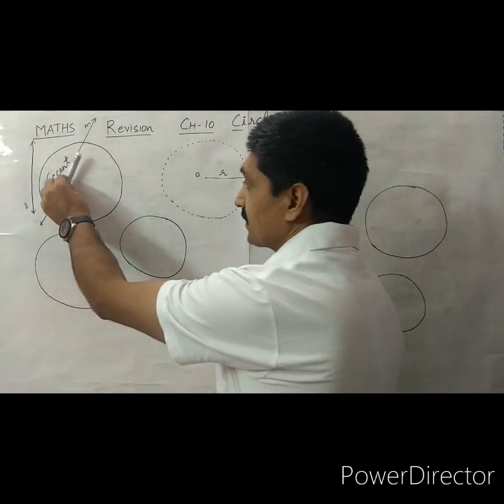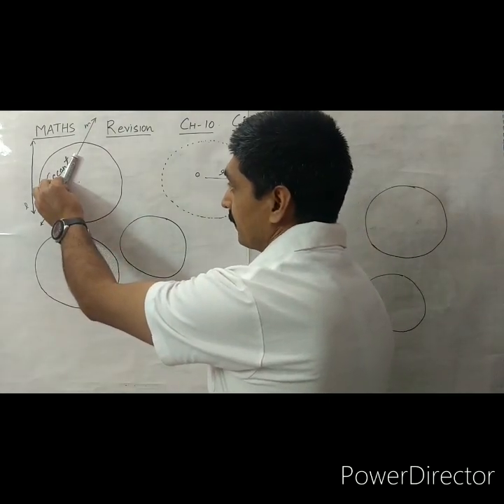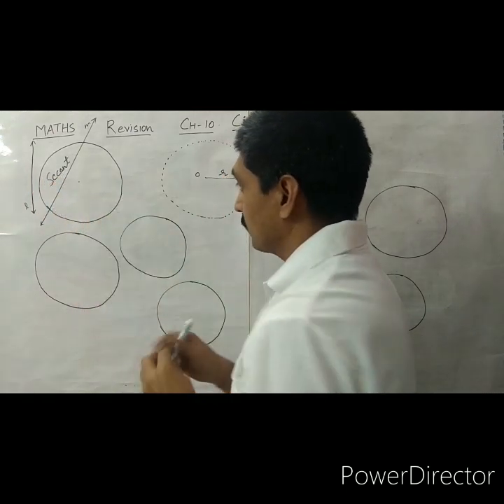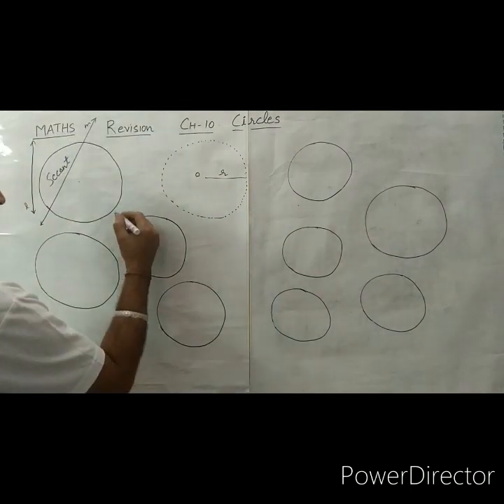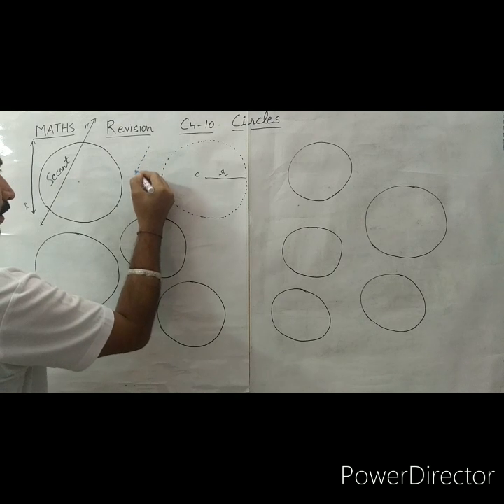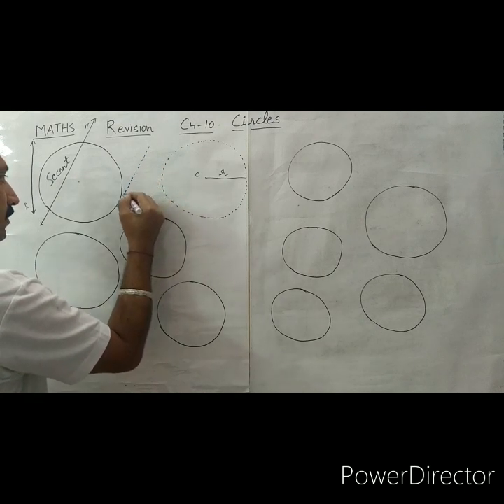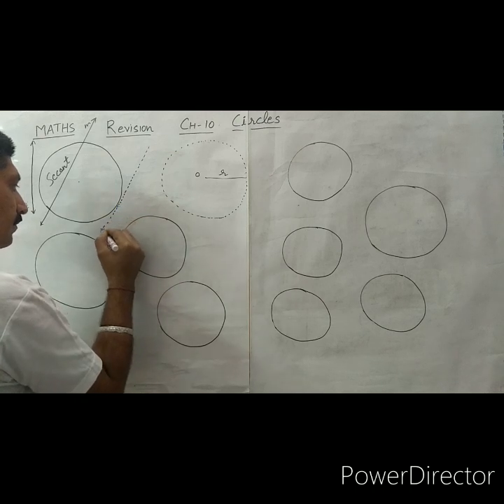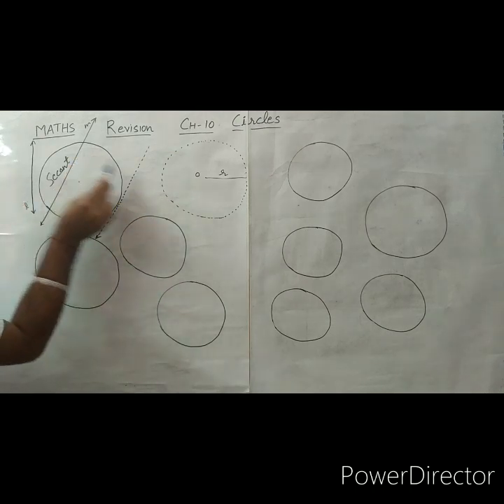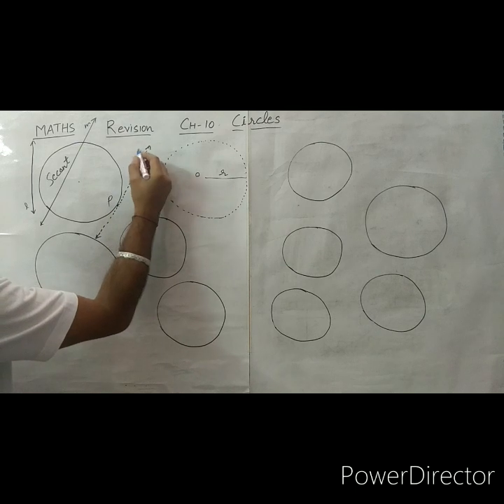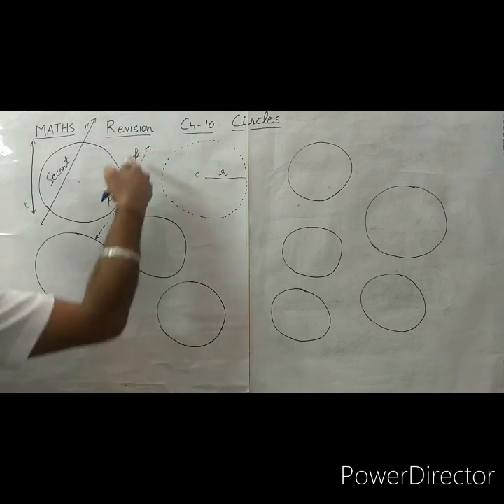If we take this secant and bring it towards one end of the circle, this dotted line is always parallel to the secant, and if this point is P, this line is represented with small p.